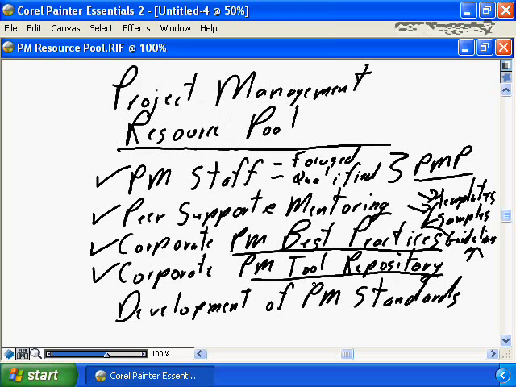The tools can be owned by the PMO, shared across the organization to make the purchase price prorated across all projects, to ensure that all projects are using a common set of tools, that again, all projects are being delivered to a common set of standards. It doesn't matter whether the project is being delivered for Business Unit 1, Business Unit 2, or Business Unit 3.